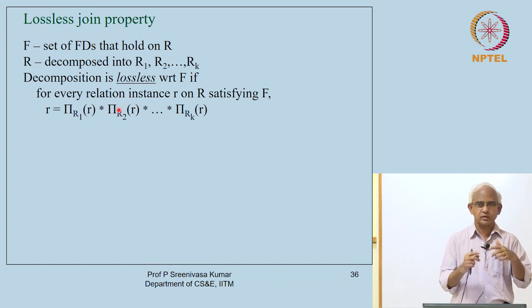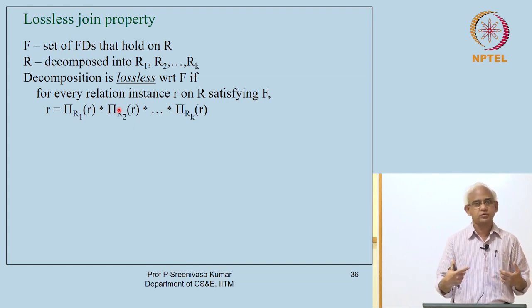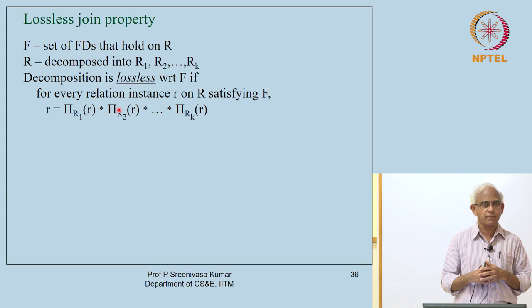We are assuming that the original relation is decomposed into two relations, R1 and R2. If you take the tuple and project the data, one part of the tuple will go into R1, another part will go into R2, and because these two tuples exist in R1 and R2, when you do a natural join between them, you will always get back your original tuple.